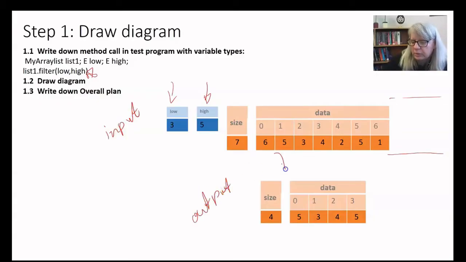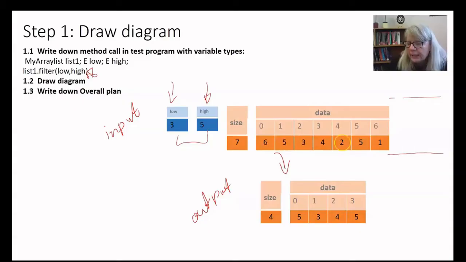Now is the time to really understand the method. Can you see what was done? The array was filtered according to the high and the low value of 3 and 5. So what did I actually do?